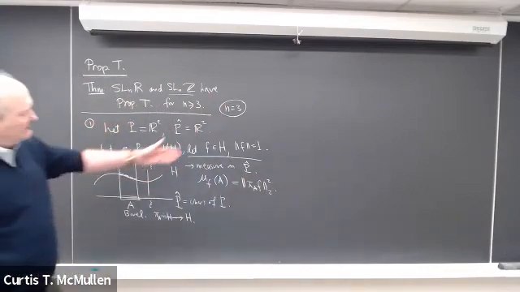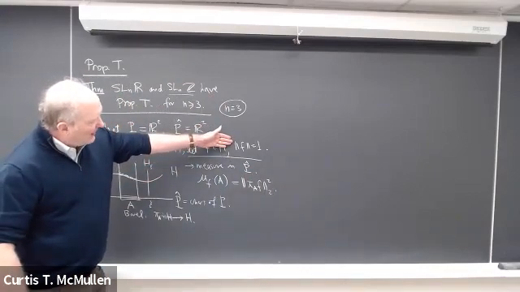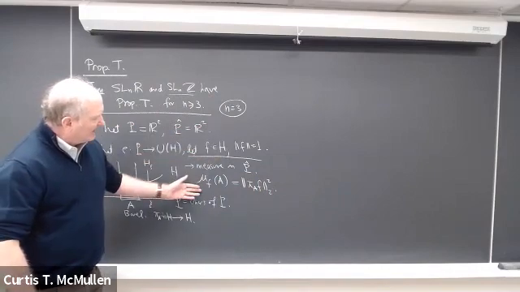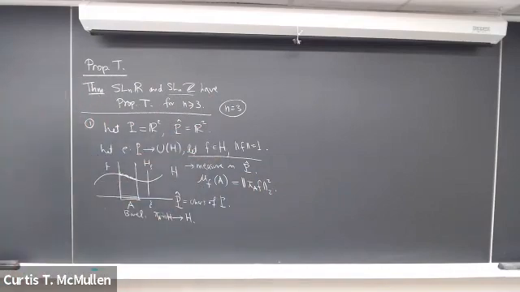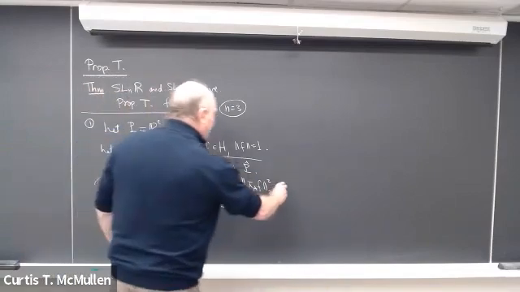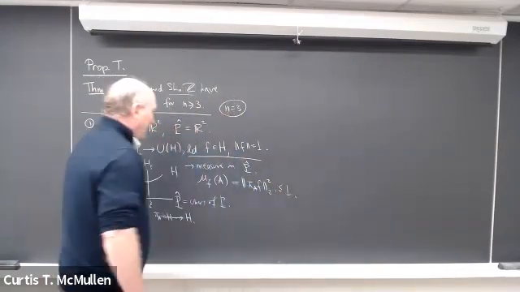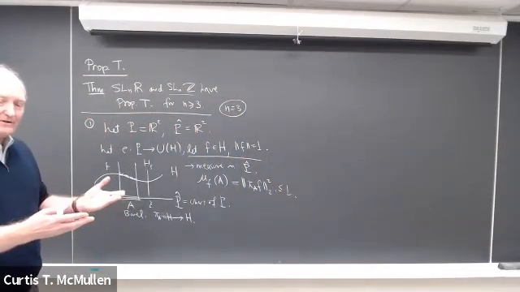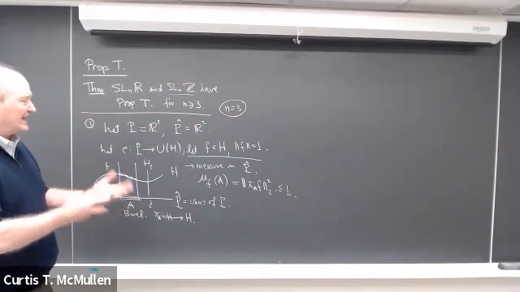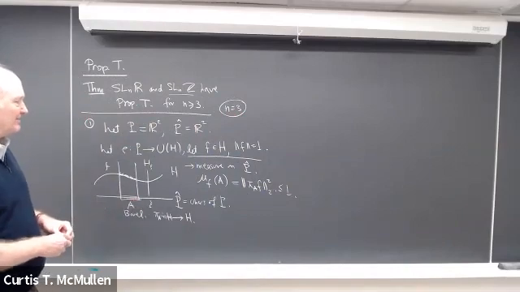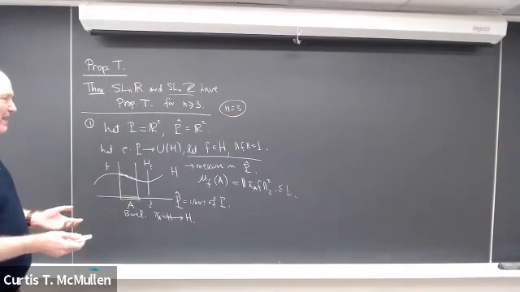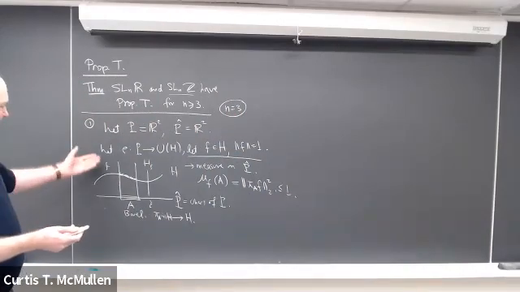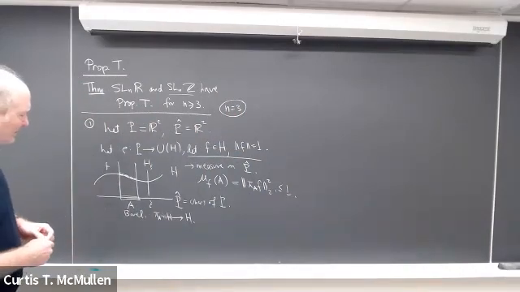I started out with f having norm 1, so this is, of course, less than or equal to 1. And you can easily verify using properties of projections that it satisfies the axioms to be a probability measure on the dual space.